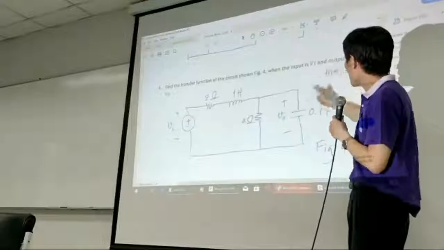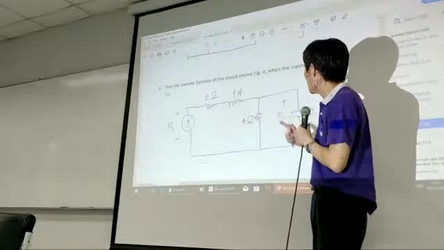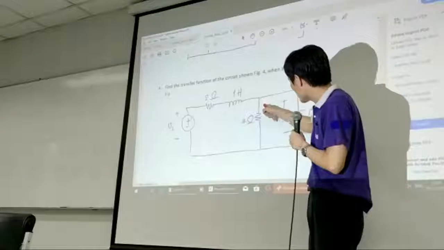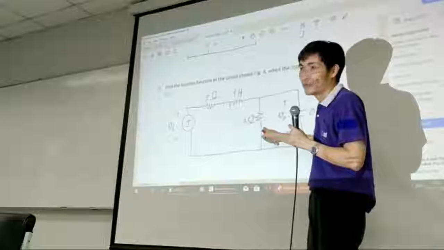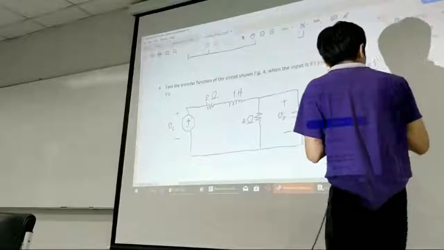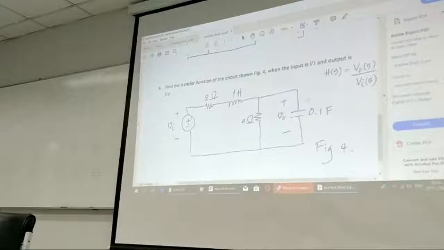If I say the output is the current going through the 4 ohm, the transfer function will be the current going through the 4 ohm divided by the input. So that would be the transfer function.